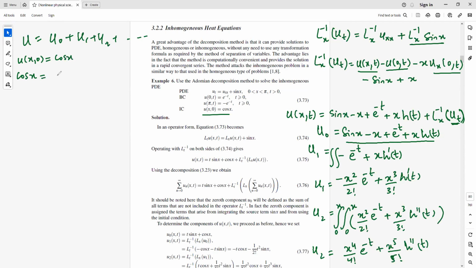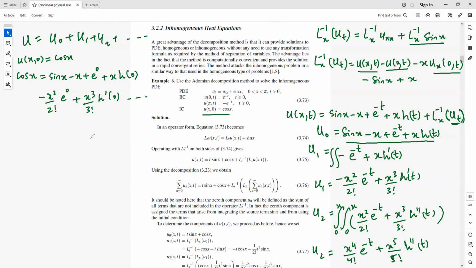So this equals sine x minus x plus e to the power 0 plus x h(0). Then we have u1, that is negative x squared over 2 factorial e to the power 0 plus x cube over 3 factorial h prime(0), and so on.